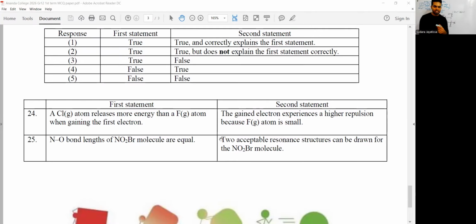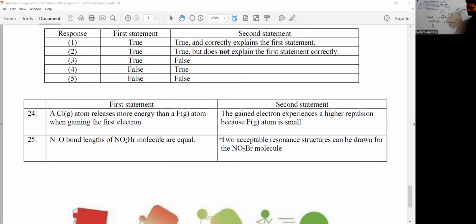So it should be cut and written as stable: 2 stable resonance structures can be drawn for NO2Br molecule, and that is the proper explanation. But anyway, let's take the answer as 1. There is no point in keeping the word acceptable there; it should be stable.